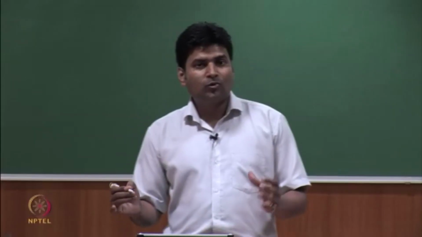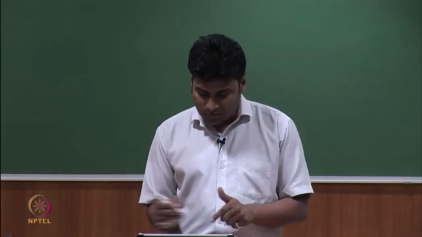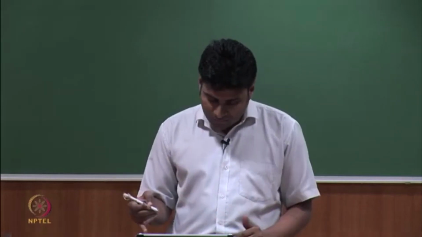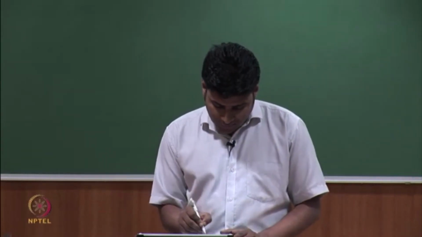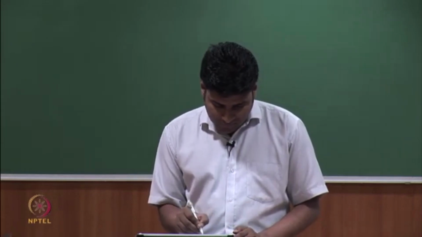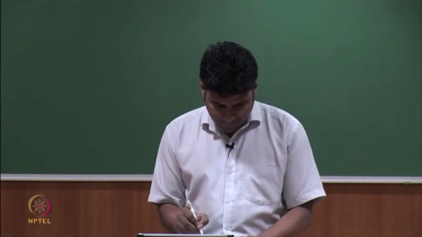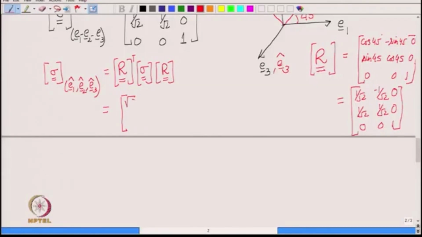So, actually when you work out the product of the three matrices with R given here and sigma given here, you get a very simple matrix which is root 2 0 0 0 0 0 and 0 0 10. All right.